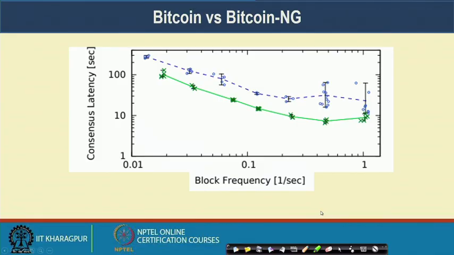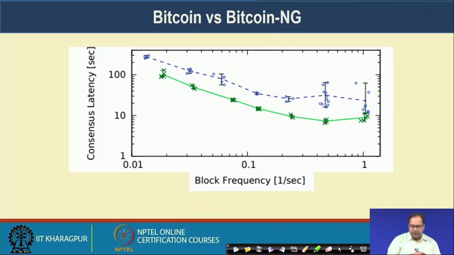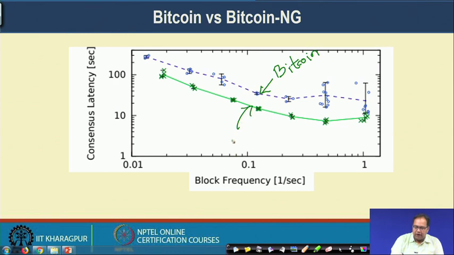Okay, so, let us look into the performance of Bitcoin NG in comparison to Bitcoin. This blue line is the performance for Bitcoin, whereas this is the performance for Bitcoin NG.